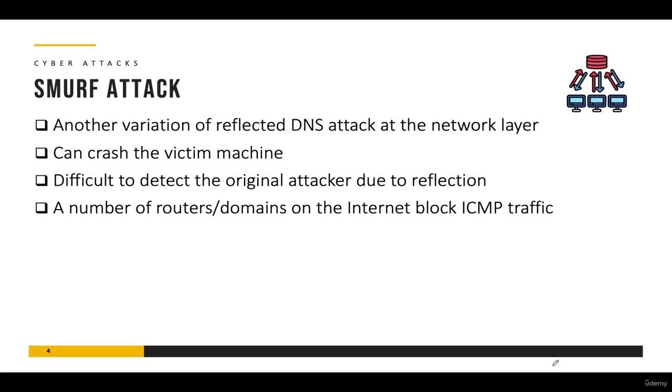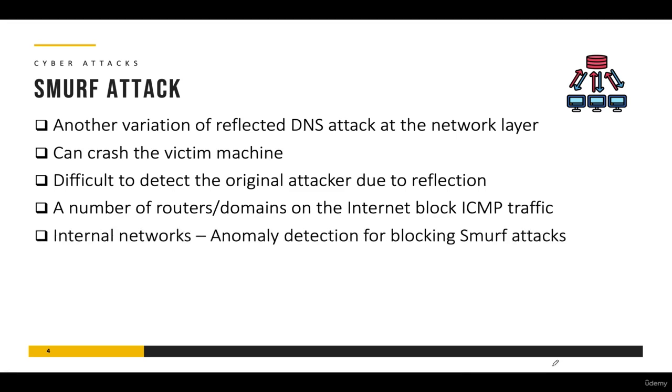This is the exact reason why many firewalls and routers block ICMP traffic by default, because ICMP pings are perhaps the easiest way to launch a denial of service attack on any server or a network. That is the precise reason why a number of routers or domains on the internet block the ICMP traffic.